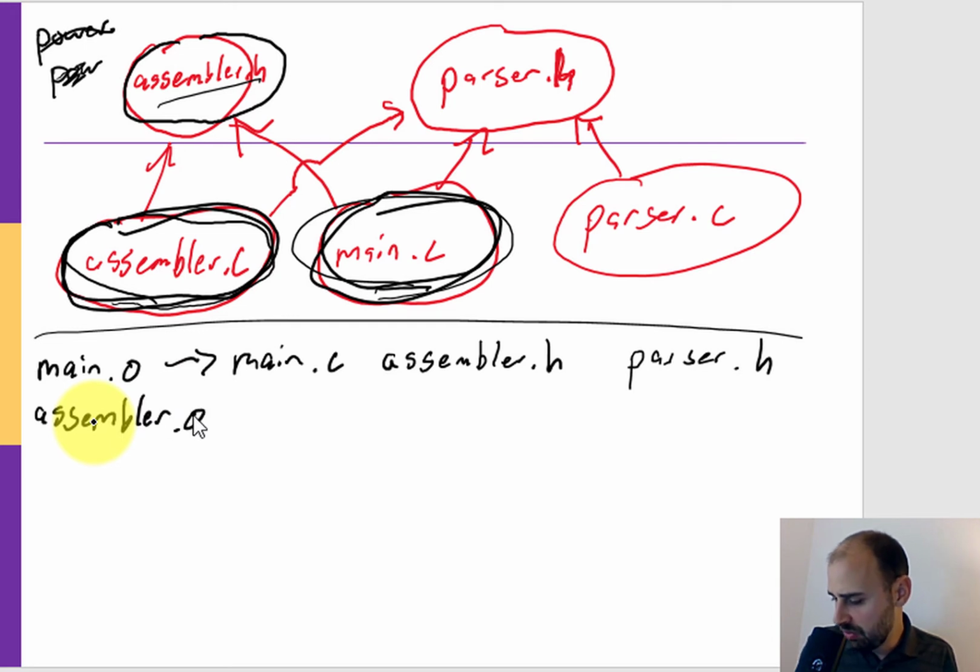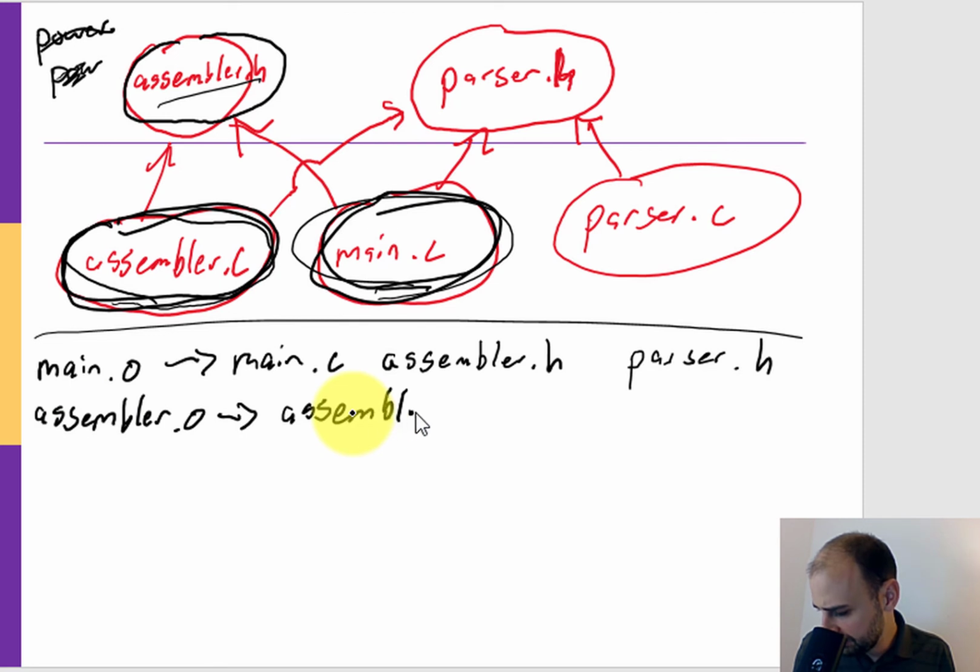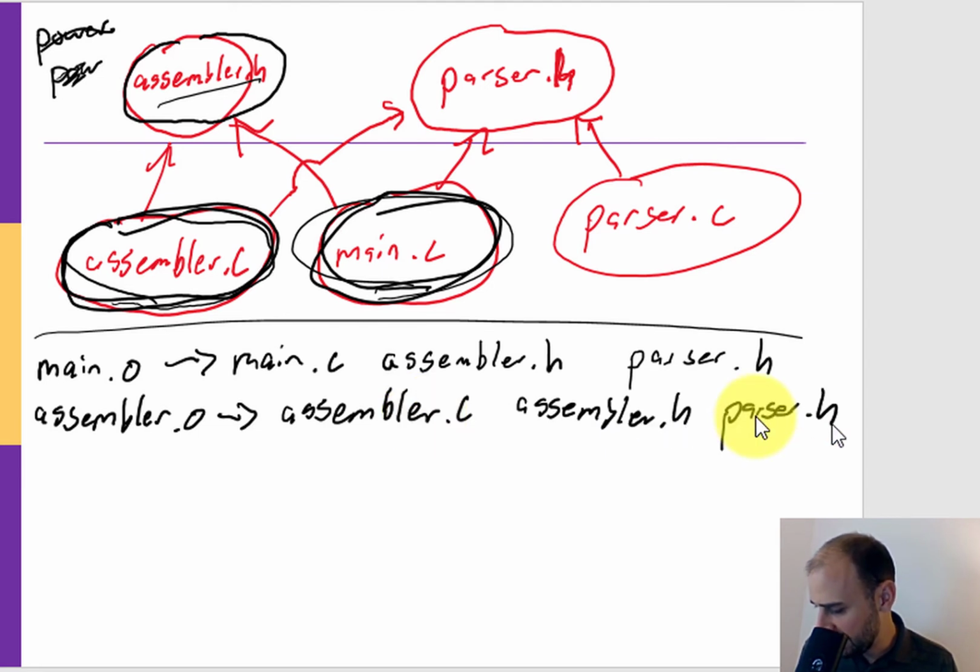Assembler.o, likewise, depends on the assembler.c file, the assembler.h, as well as the parser.h. It uses that library, the parser library. We can see that there.